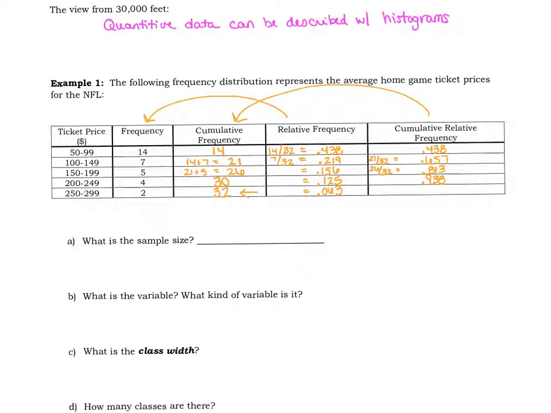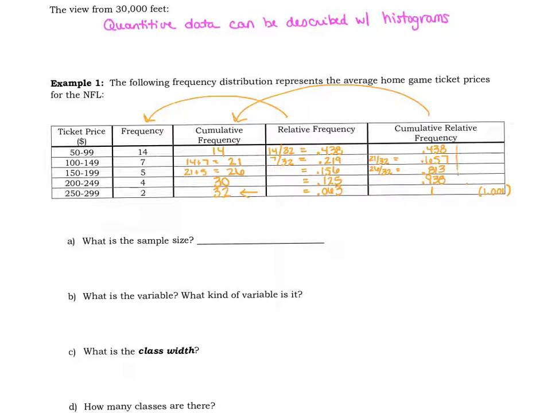And then for the last one, you can add up the relative frequencies, or you can actually do the division. If you do the division, you end up with a total of 1. If you're adding the cumulative relative frequencies instead, you may end up with 1.001.